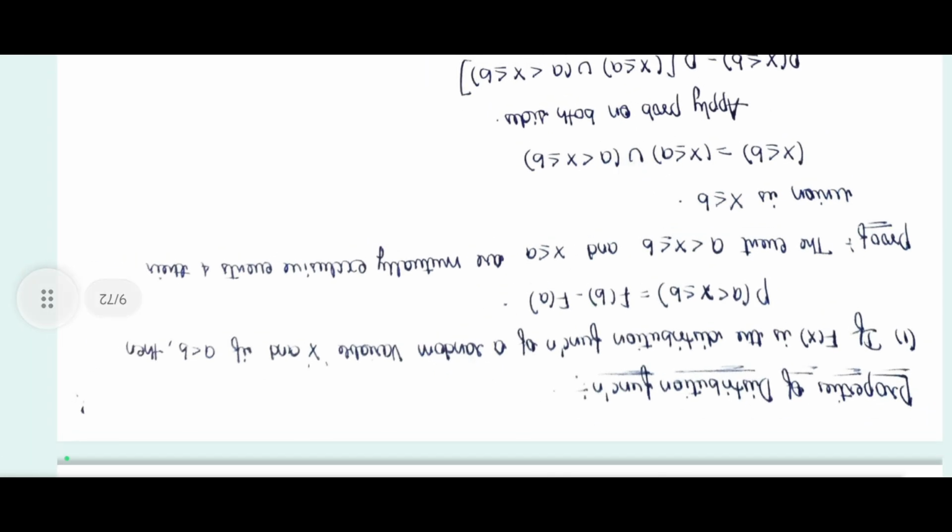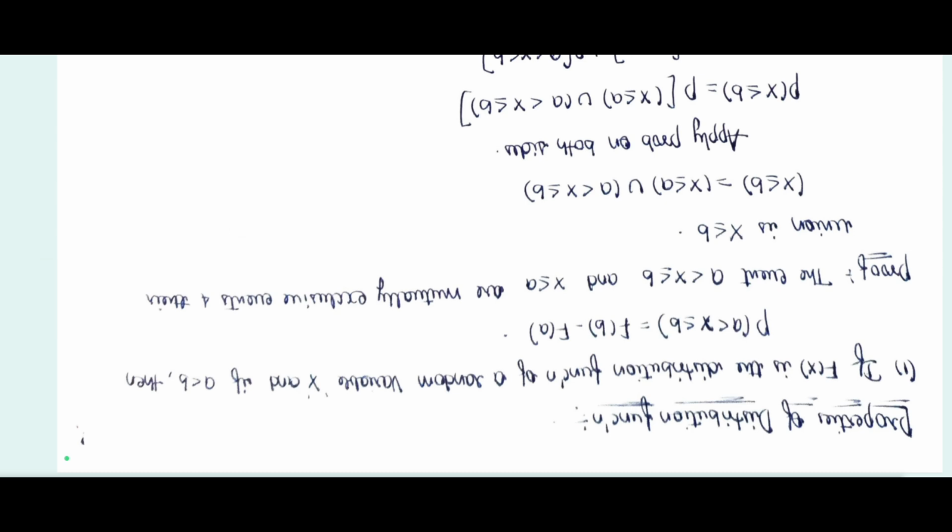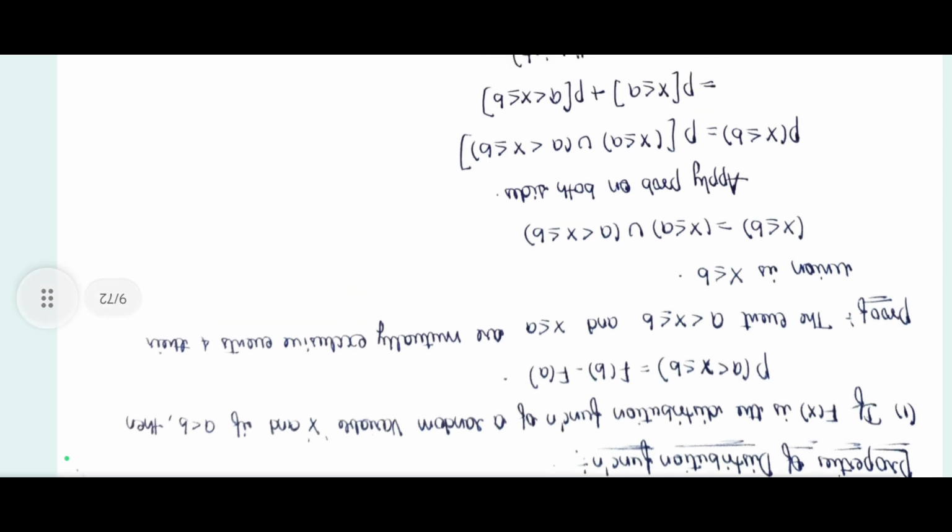The event a less than X less than or equal to b and the event X less than or equal to a are mutually exclusive events. Their union is X less than or equal to b. So X less than or equal to b is equal to X less than or equal to a union a less than X less than or equal to b.